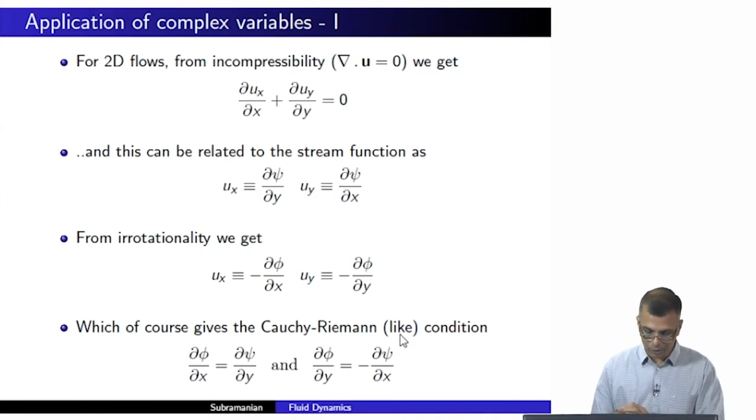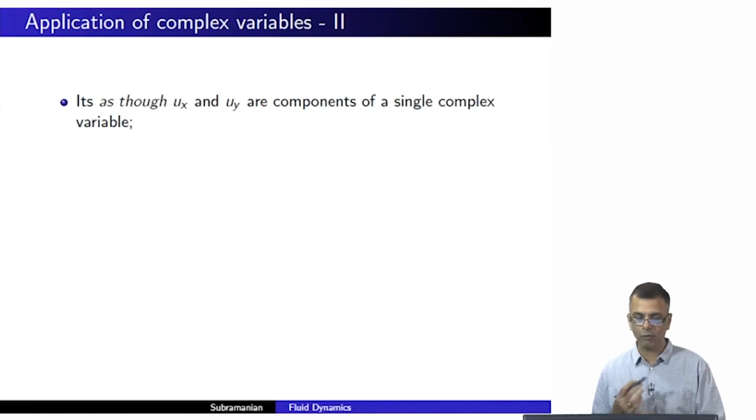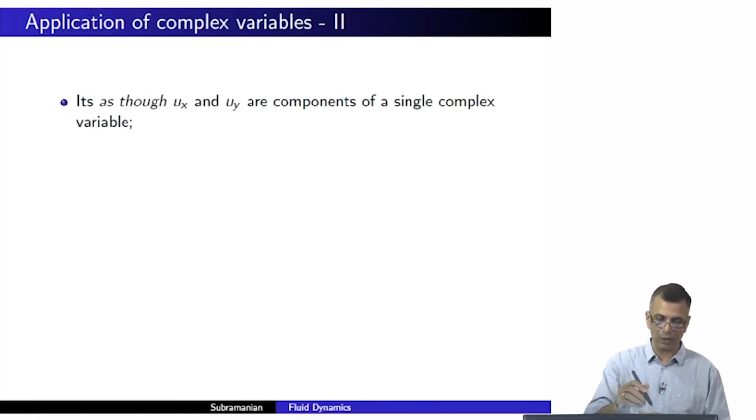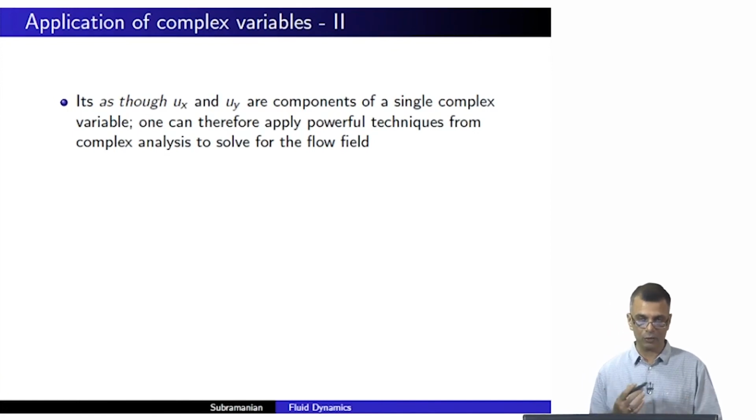And this is the Cauchy-Riemann condition for complex variables, right? So I just wanted to point this out, as though ux and uy are components of a single complex variable. One can therefore apply powerful techniques from complex analysis to solve for the flow field, two-dimensional flow fields.